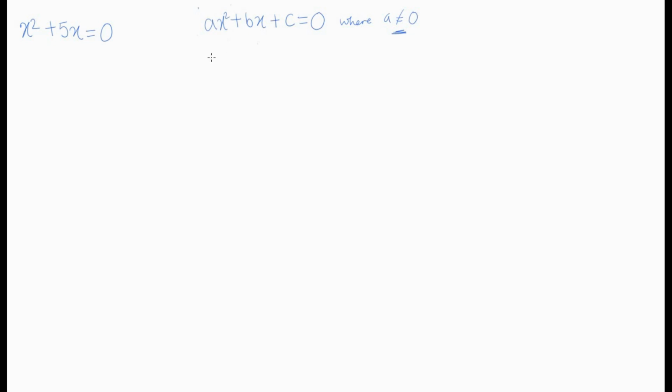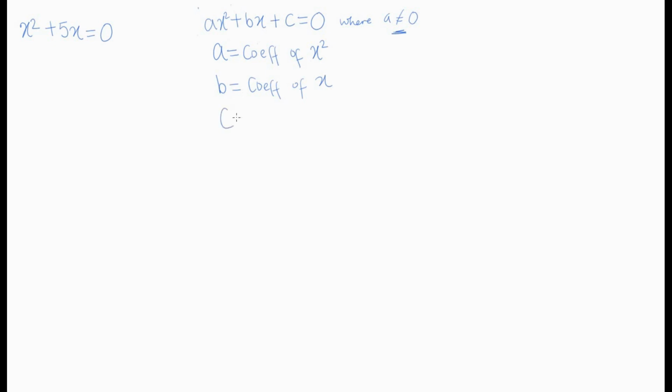Like I said in example 1, I'm just going to say it again. a equals the coefficient of x squared, which is the constant value in front of the x squared. b equals the coefficient of x, which means the constant value in front of x.